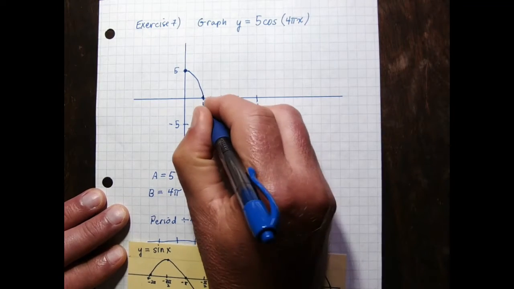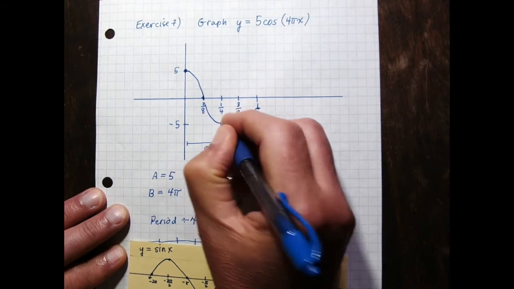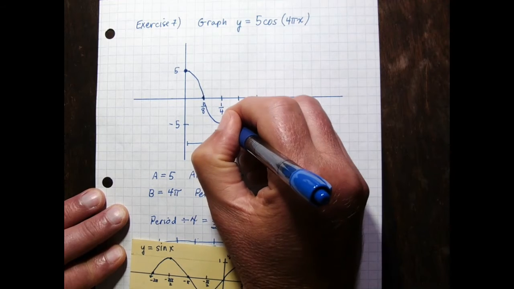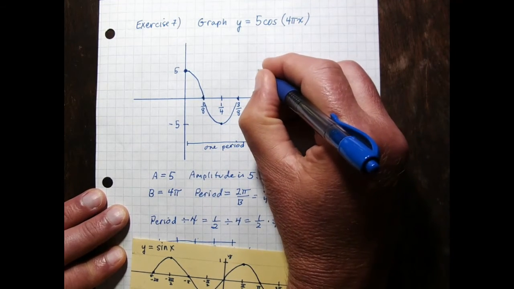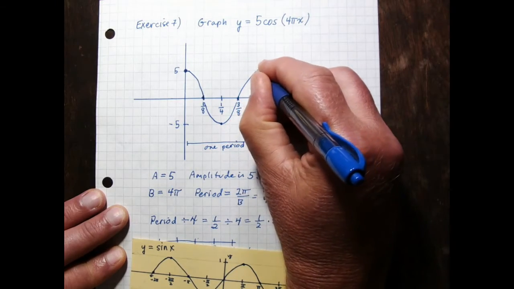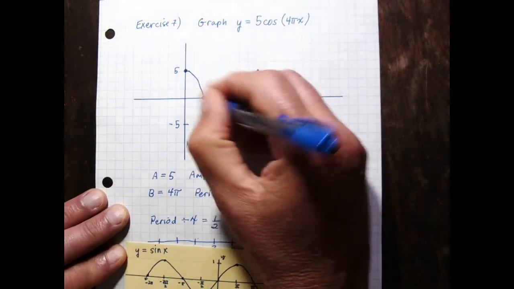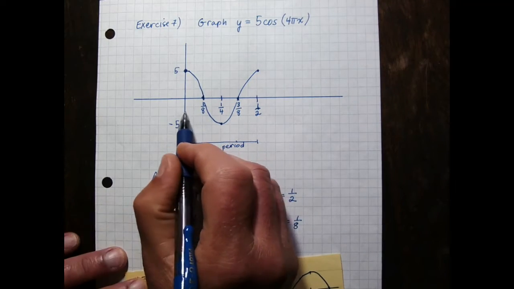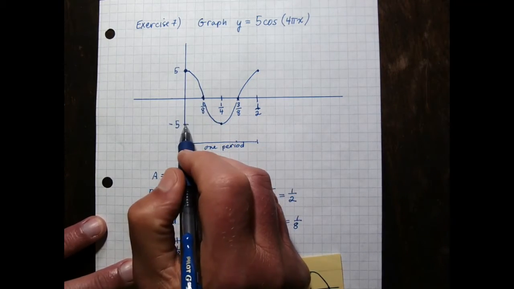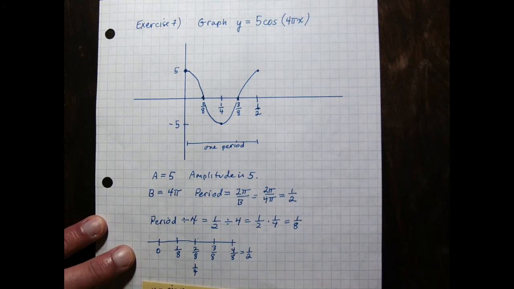At 1/4, I'm going to be at -5. At 3/8, I'm back up to 0. At 1/2, I'm back up to 5 units. So it looks a lot like a typical cosine wave, but it's different because of the way in which I've labeled the horizontal and vertical axes.